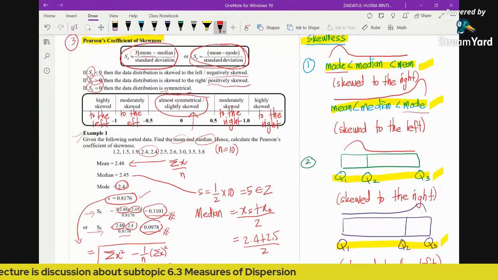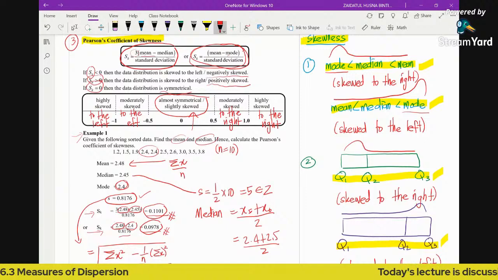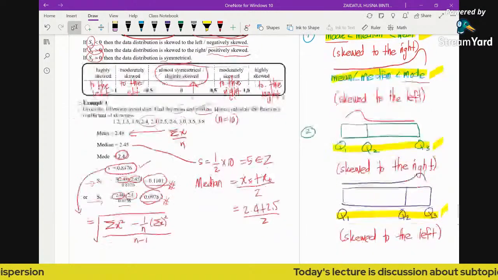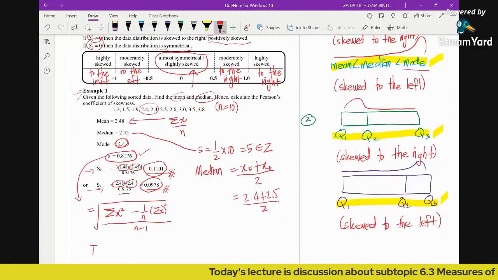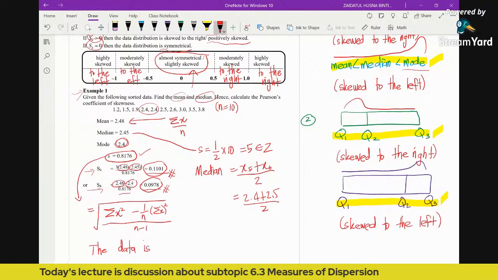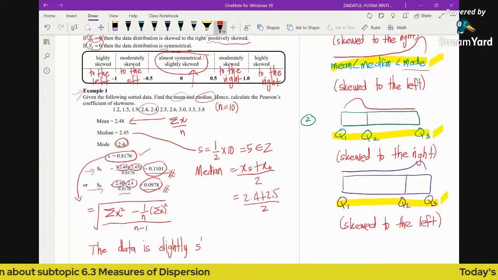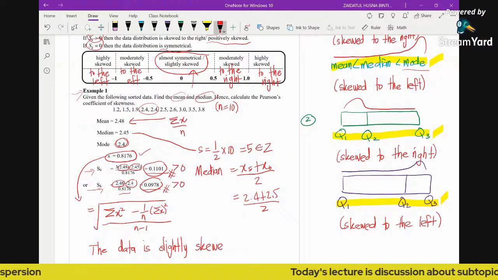Then let's say the question asks you to interpret the data, so we can say that the data is slightly skewed to the right. Why to the right? Because the value here is positive, right? Slightly skewed to the right.